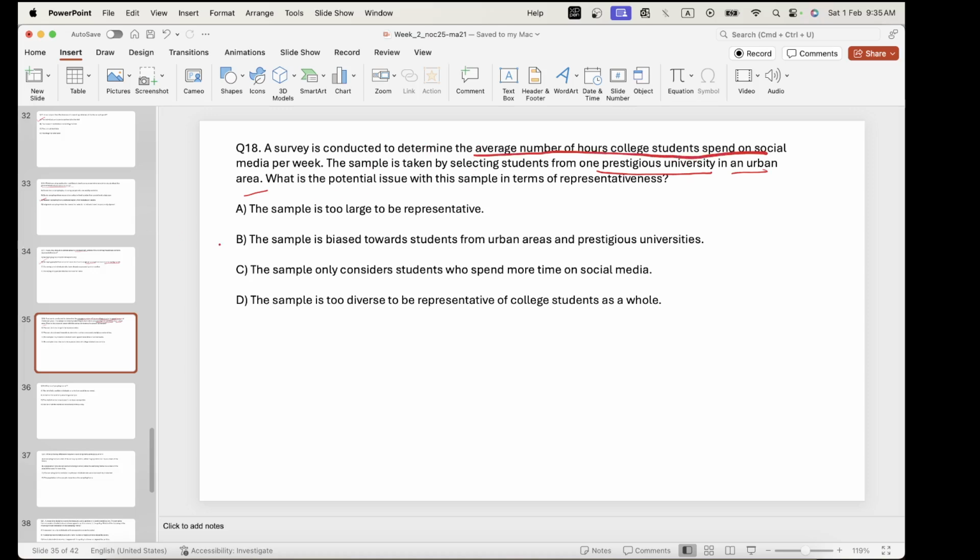So this is biased towards students from urban areas and prestigious universities. Had my research question been to determine the number of hours college students in urban areas and prestigious universities spend, then it would have been representative. But my research question is for the general public. So if I sample from one university in one particular area, then my sample would be biased towards the students from that area.